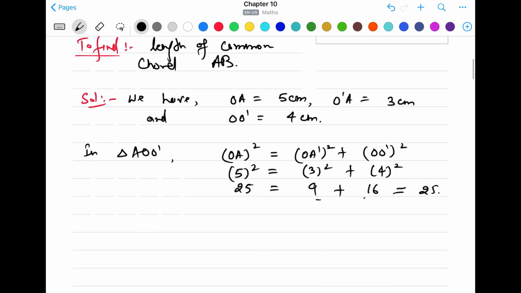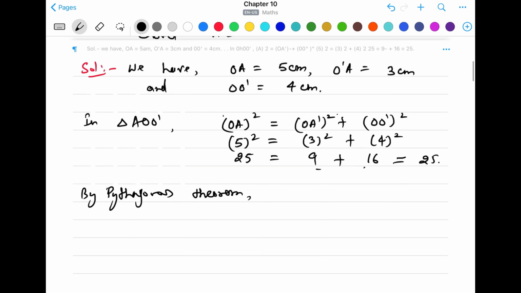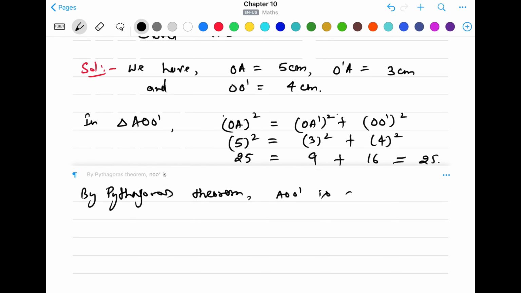So we can say here, by Pythagoras theorem, where the square of the hypotenuse equals the sum of the squares of the base and the perpendicular, that triangle A O O dash is a right angled triangle.